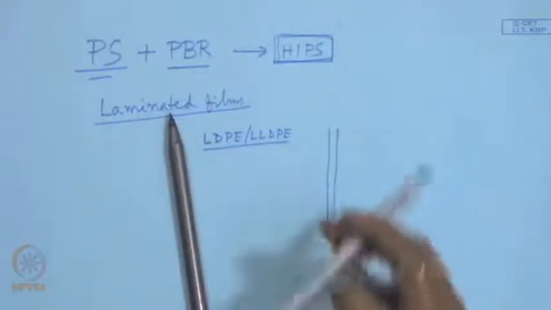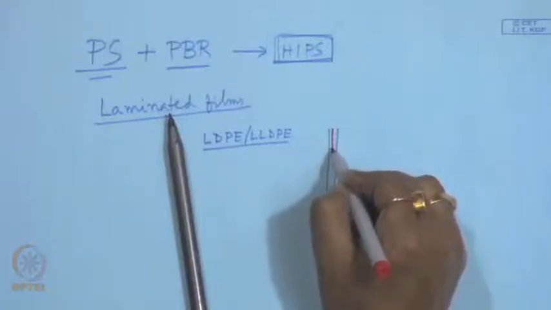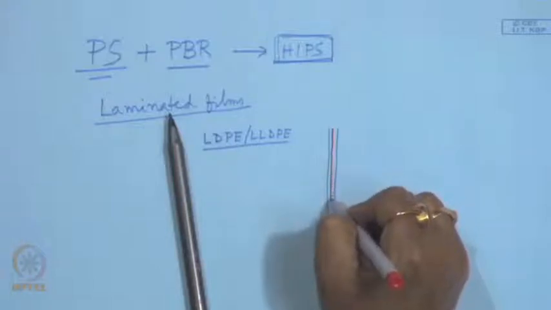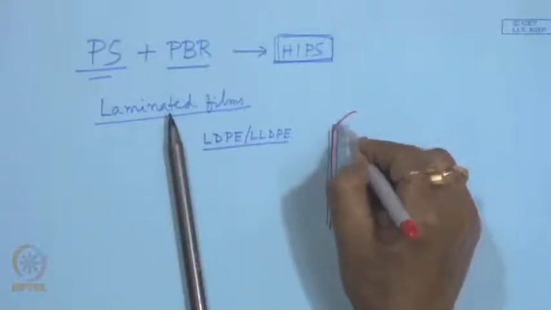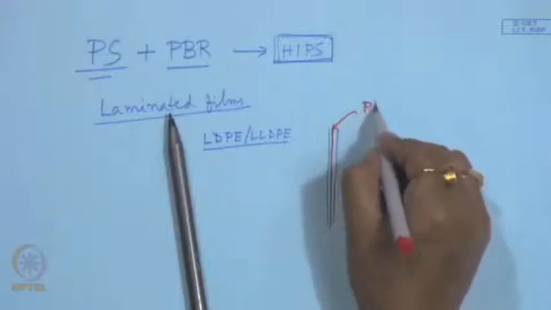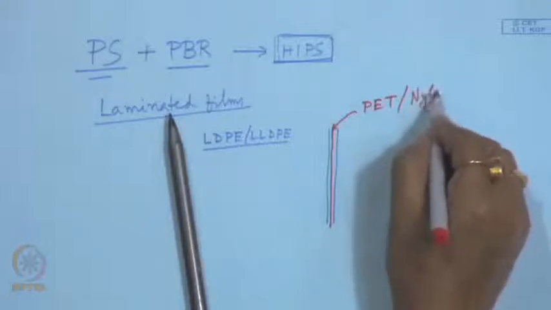Within these two outer layers, there is a third film, which is either polyethylene terephthalate or nylon 6.